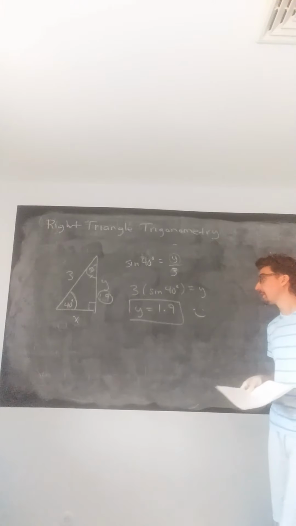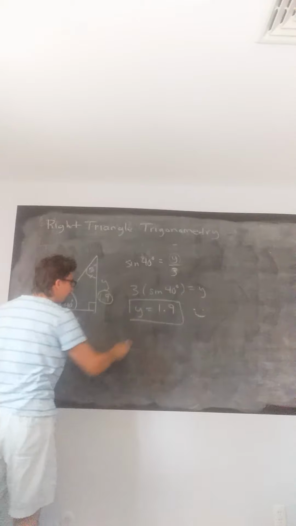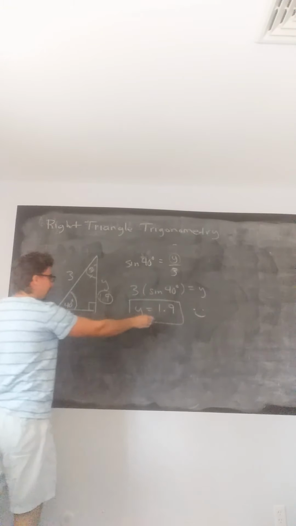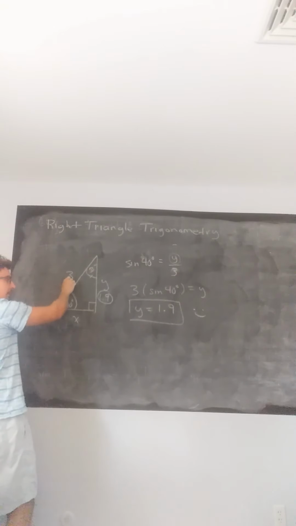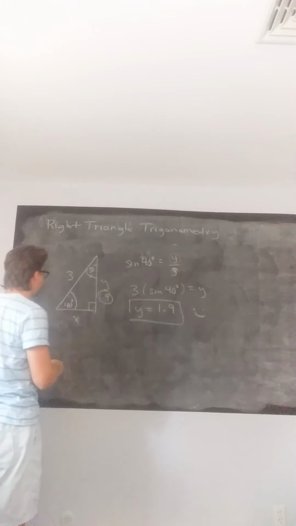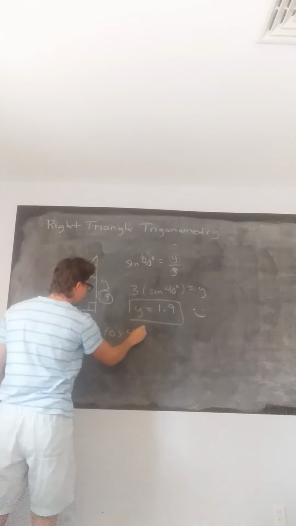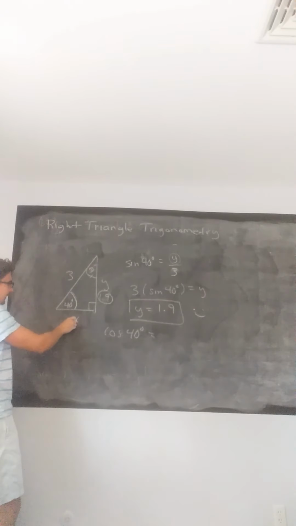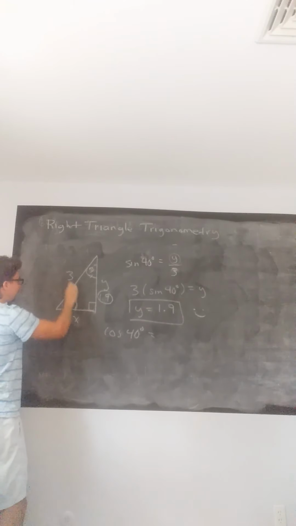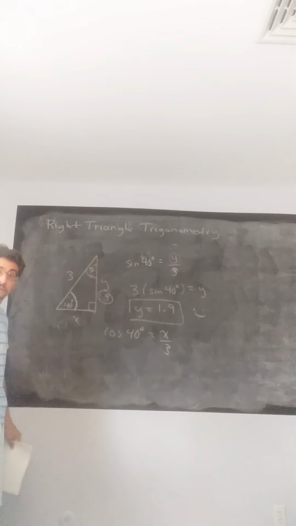Now there's a few ways you can proceed from here. You now have two sides, so you can actually use the Pythagorean theorem and do 1.9 squared plus x squared equals 3 squared, or you can continue to use the trig. Let's look at the trig aspect. If we use cosine of 40 degrees, that ratio is going to get us this x, because remember, cosine of 40, here's the degree, it's the adjacent over the hypotenuse. So adjacent over hypotenuse, x over 3.